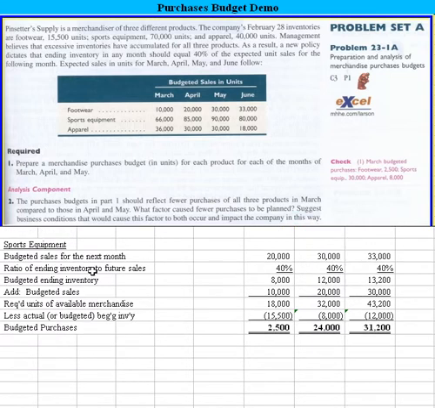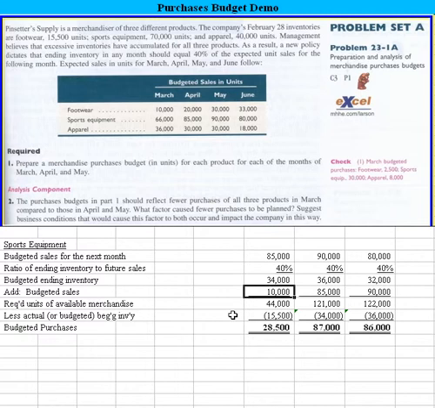Okay, so now for sports equipment, the budgeted sales for next month is 85,000. See it in the table there? 90,000 and 80,000. 40% remains the same. Budgeted ending inventory then was calculated, so those numbers are correct.